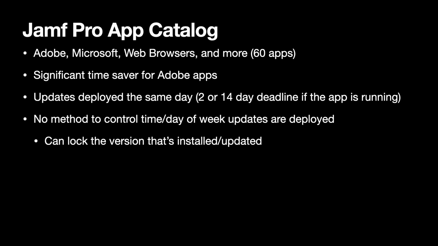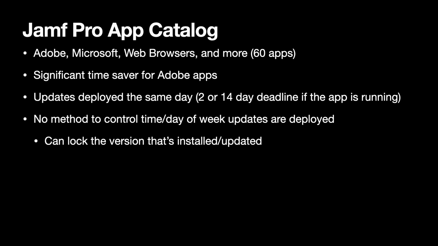It'll download the app, repackage it if it needs to, and then upload it automatically to your Jamf Pro, and then update the policies and patch policies to deploy or update the app. And then the last one, of course, is when you have to manually package something. So that's to recap on Jamf Catalog.